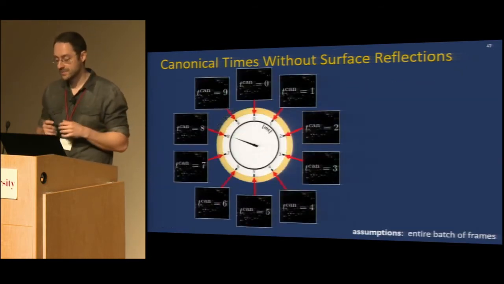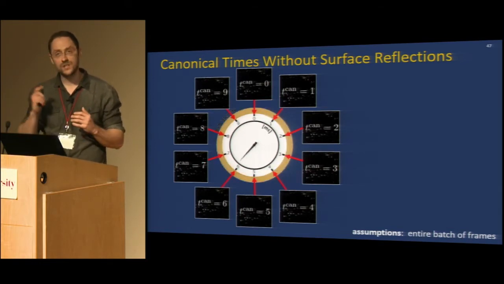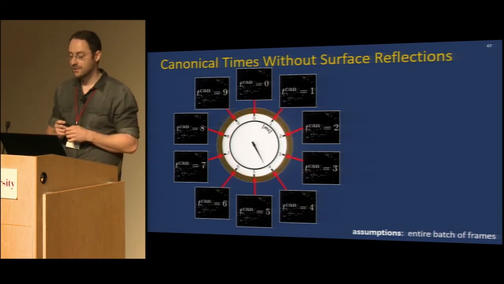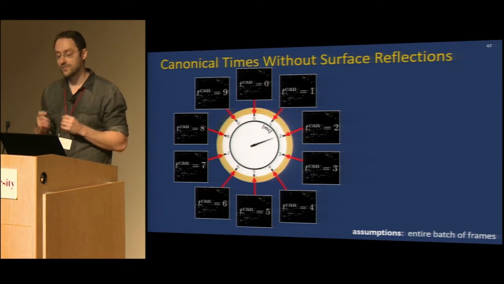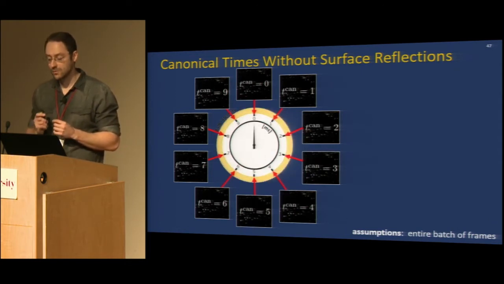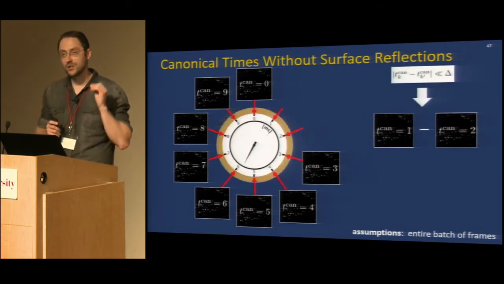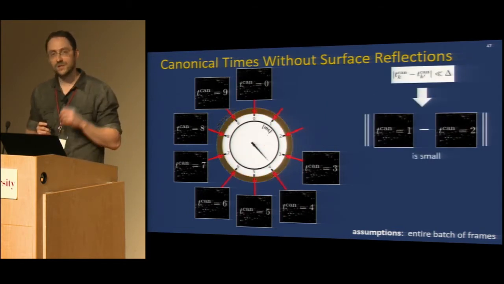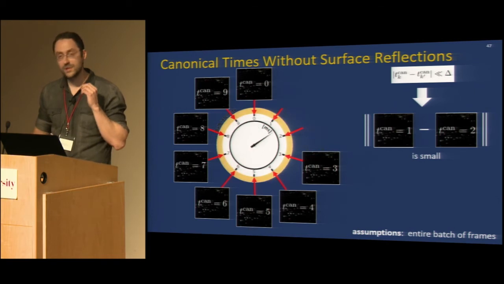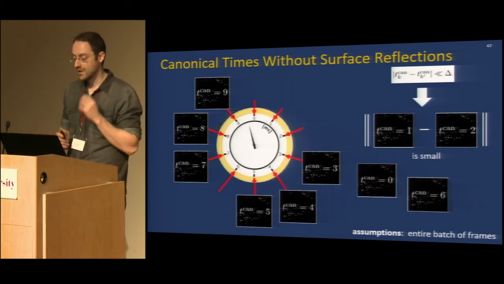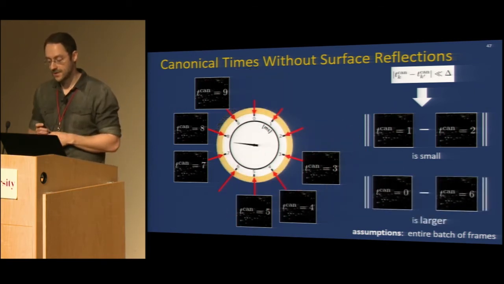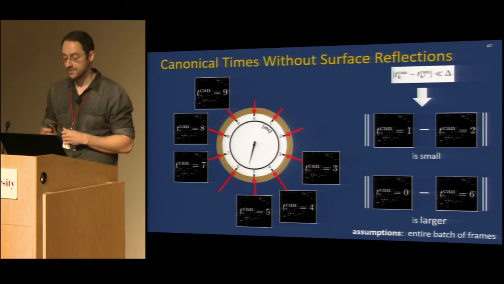Let's look at a batch of frames correctly ordered within the flicker cycle. Now, due to the periodicity of both the flicker and the rolling shutter wave pattern, we expect that two frames that are very close in canonical time should have very similar image intensities, while frames that are separate in canonical time have less affinity in their image intensity.